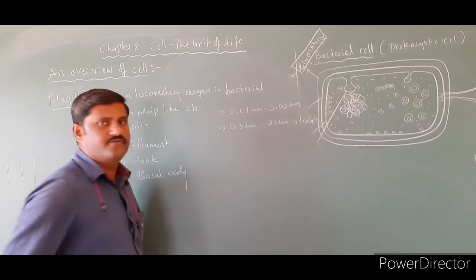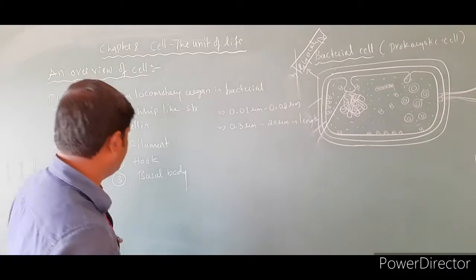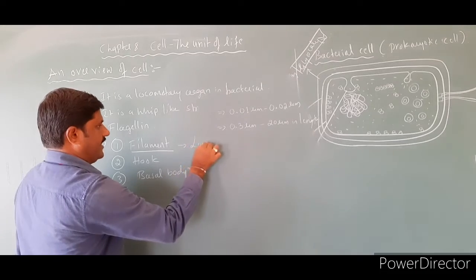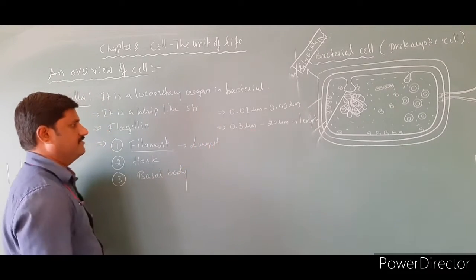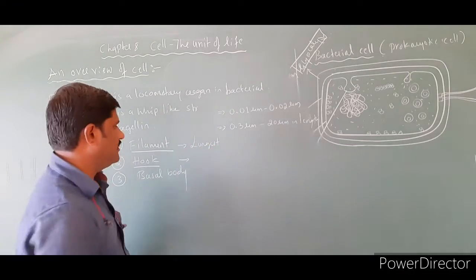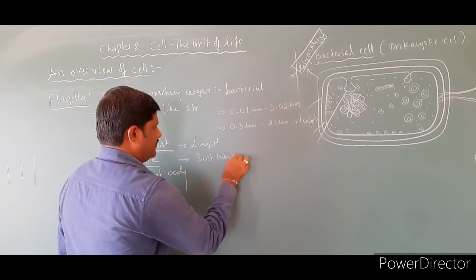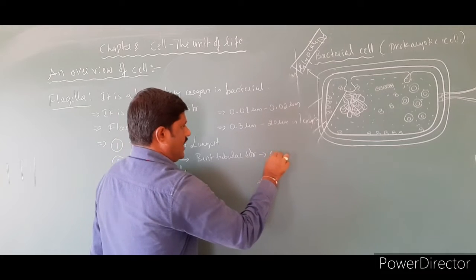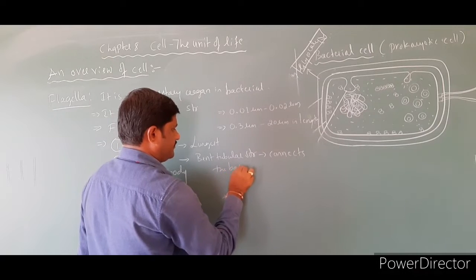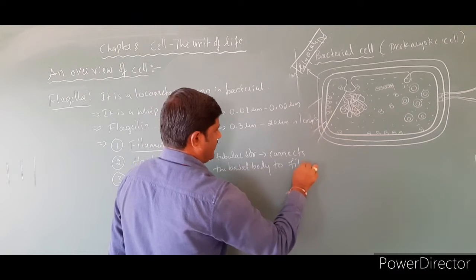So this is a whip-like structure that helps in locomotion of these bacterial cells, right? It has three parts. One is filament, the longest part of this flagella. Hook is a bent tubular structure that connects the basal body to the filament.